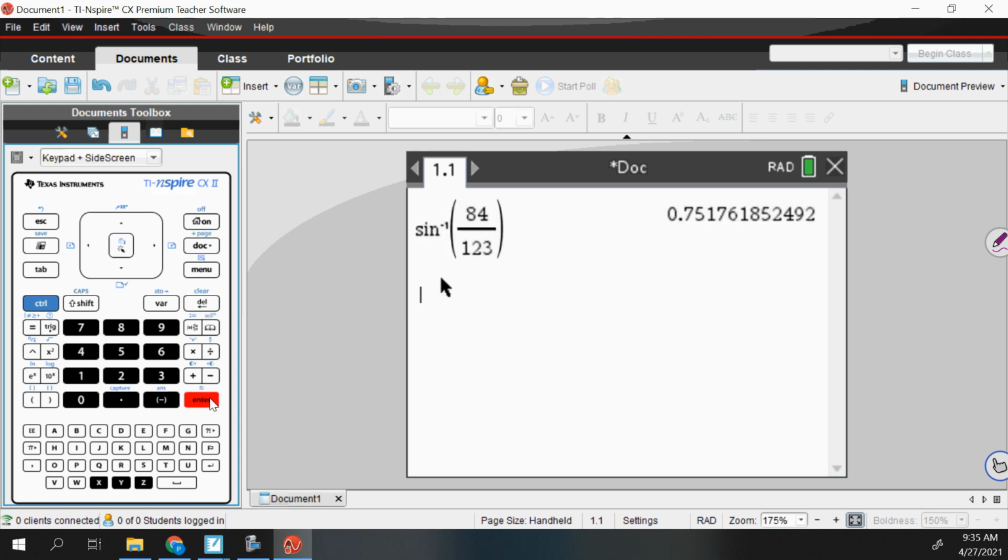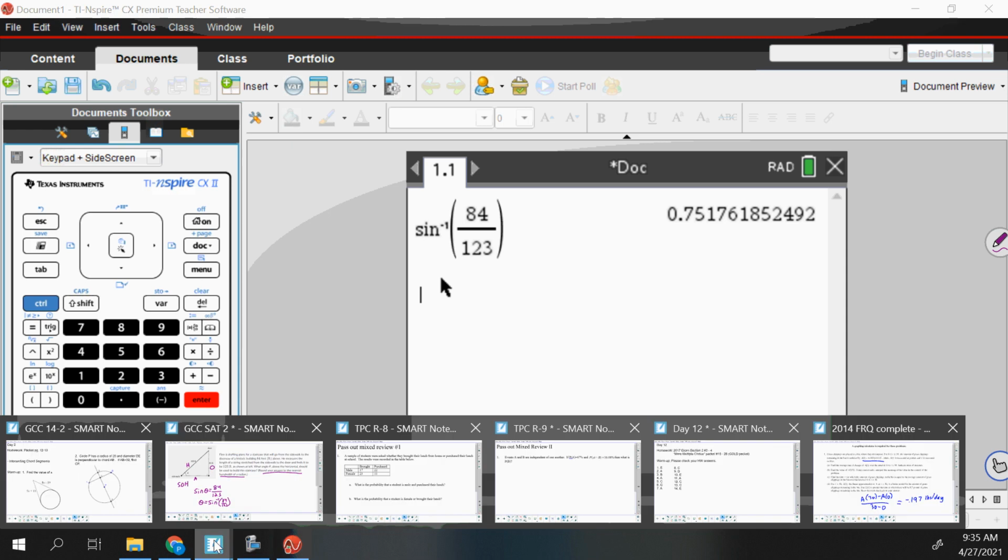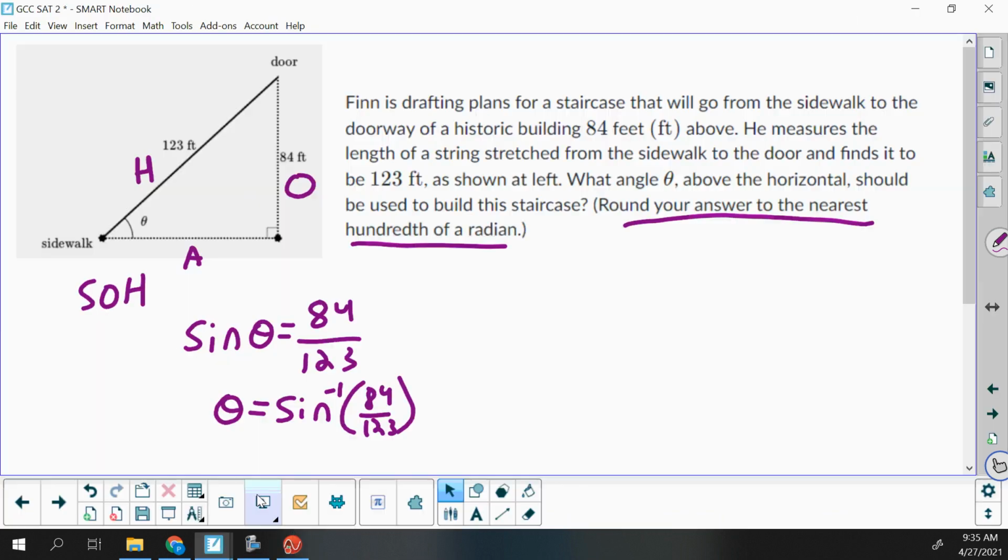And we get that. They wanted the nearest hundredth of a radian. So to the nearest hundredth, the 1 tells us to keep the 5 the same, so we'll have 0.75 radians. Theta equals 0.75 radians.